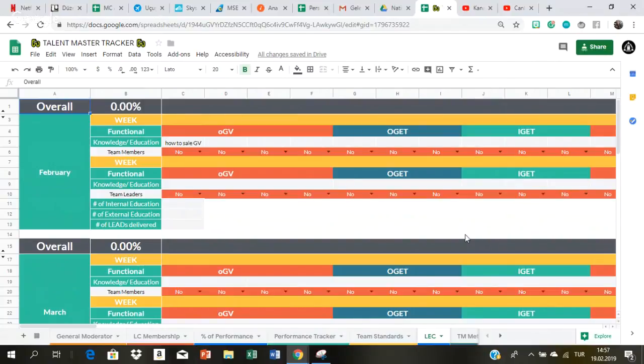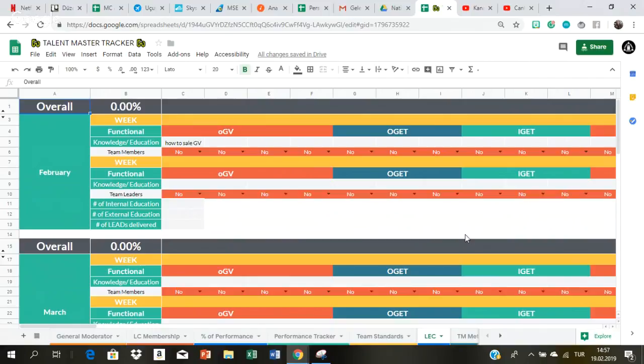A super easy example for you to understand it. For example, Masha said that in the first week of March, you need to have education about how to sell GV, because your new members will come. But you already did it at the local induction conference, so you don't need to repeat it, right?